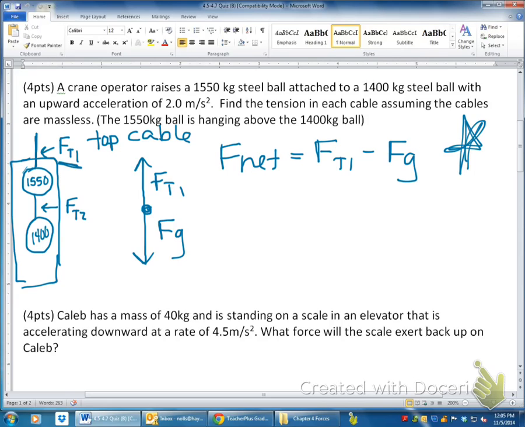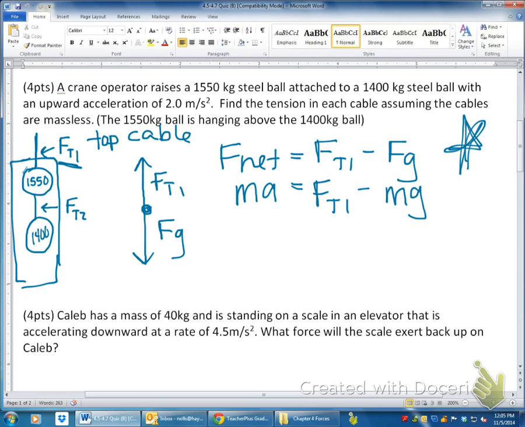Does this part right here make sense? Yes. How we got this? Top minus bottom. Okay, great. So now, once this equation is written, then we can do our substitutions. So F net also equals what? Mass times acceleration. We want to solve for F sub T1, so we don't substitute anything in for that. And we know what Fg equals. What's that?